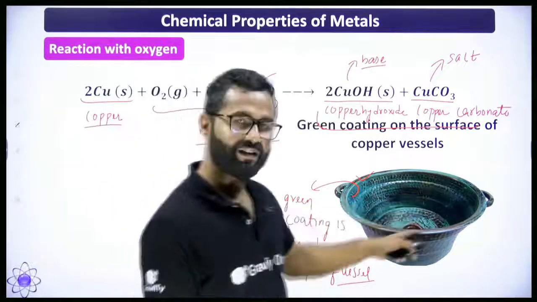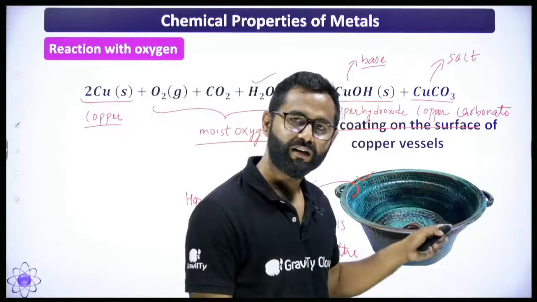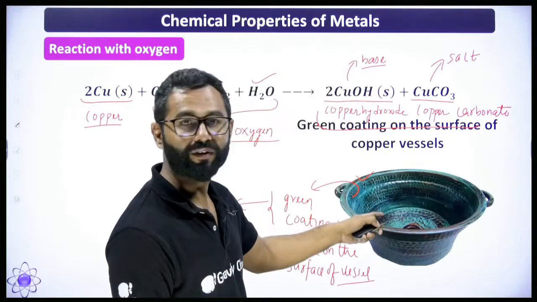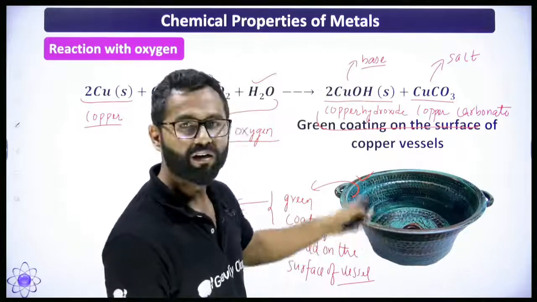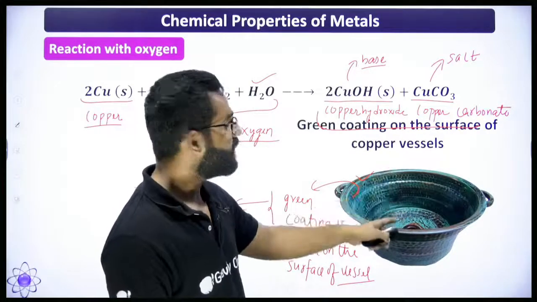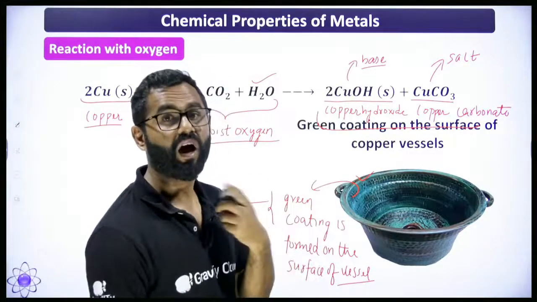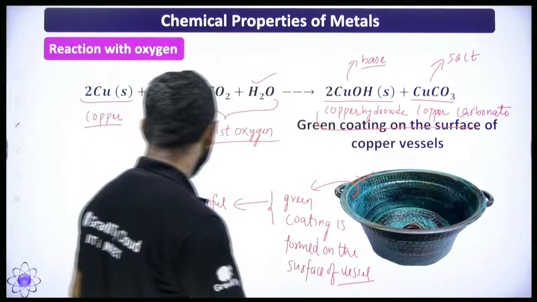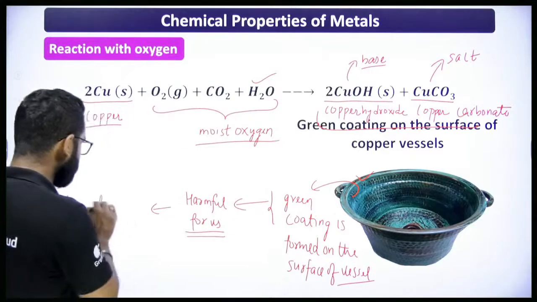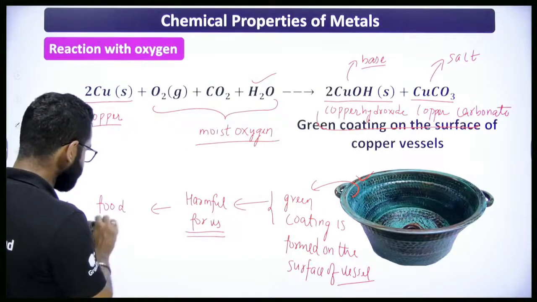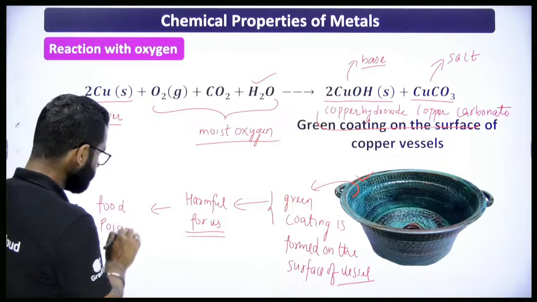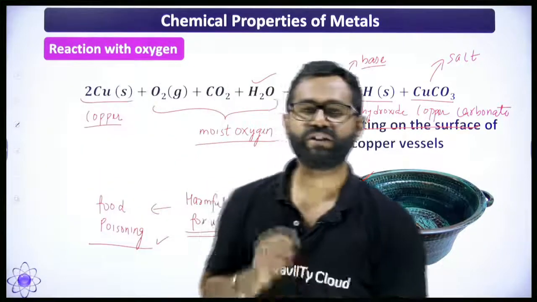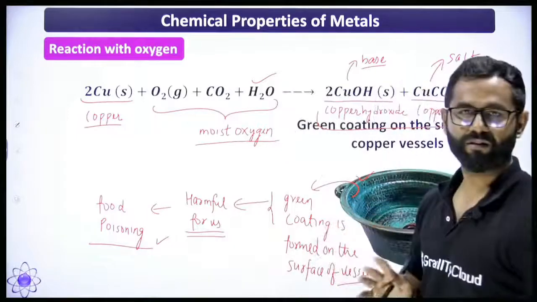Because you will use this vessel to eat food, and the food we put into the vessel will mix with the green coating. This green coating is made of chemicals that are harmful for us, so it may lead to food poisoning. Simple. That's why we do not eat food placed in copper vessels.